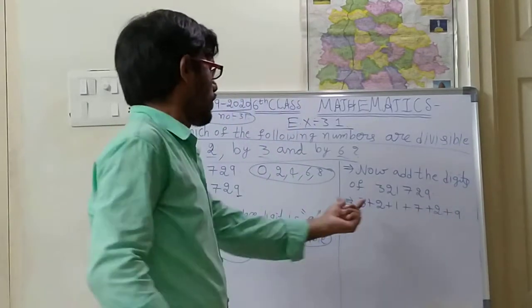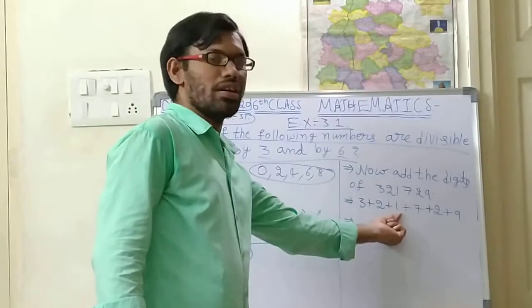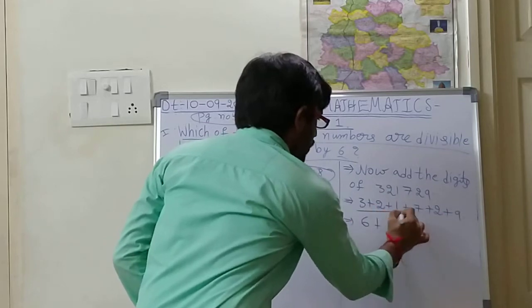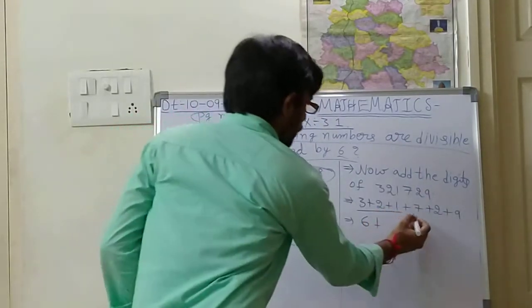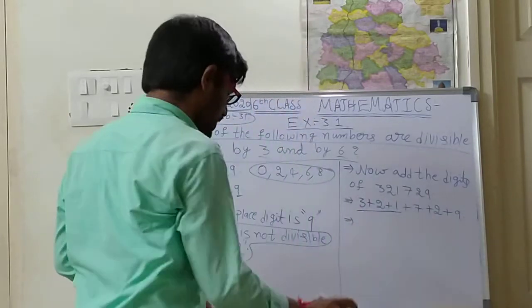First step, 3 plus 2 is 5. 5 plus 1 is 6. Let it be 6. We have added these 3 numbers. Instead, we can do it very easily, children.